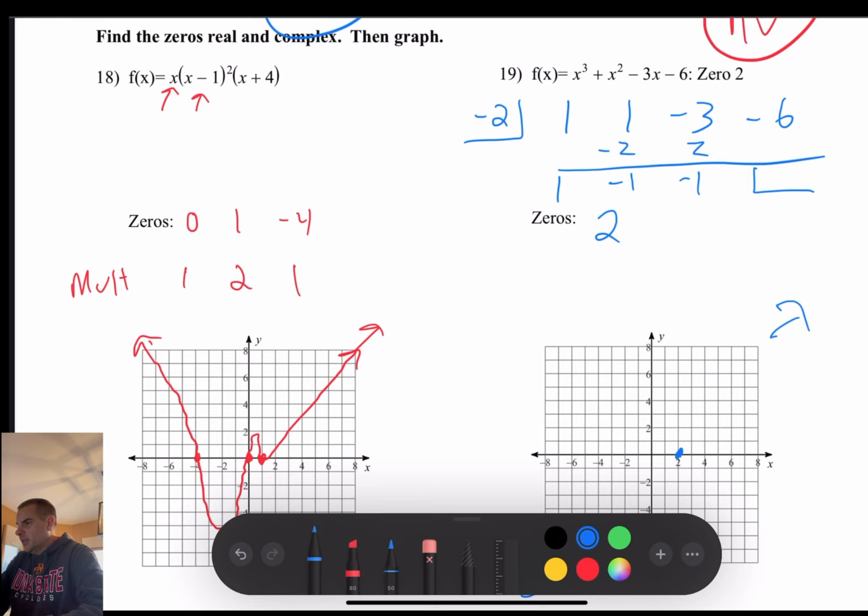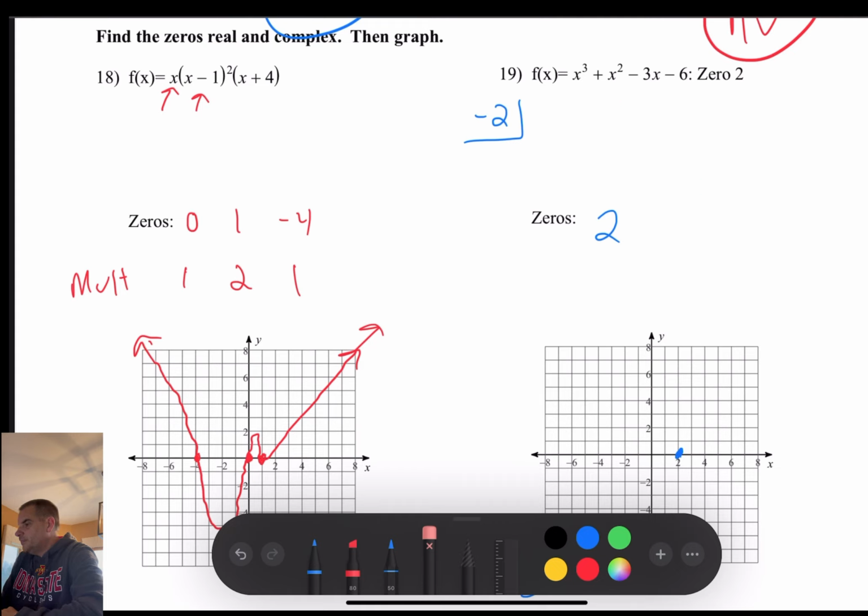Just looking at it, it doesn't look like it works. That's not what I wanted to happen. -2, -1, 2, -1. Doesn't work. All right. Well, let's erase that, and let's see if -2 is a 0.